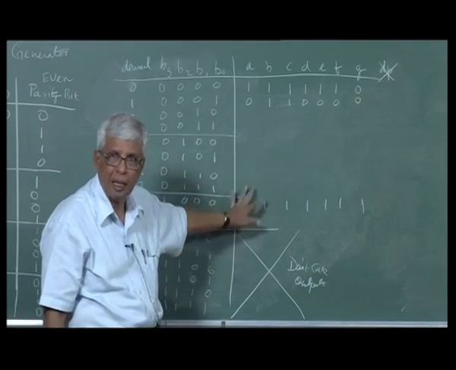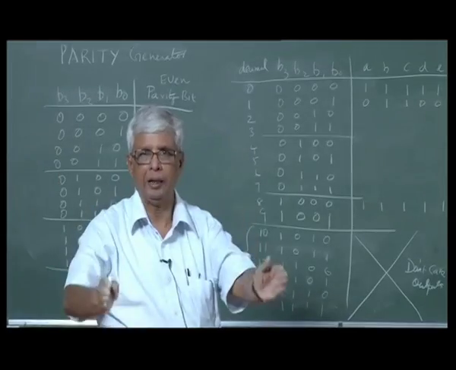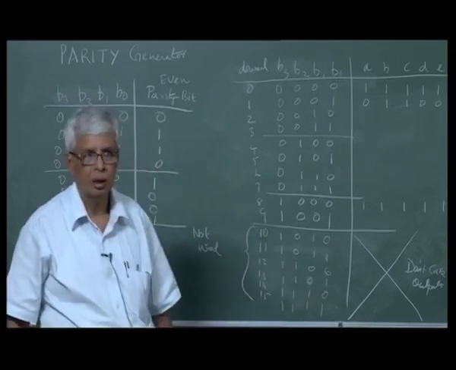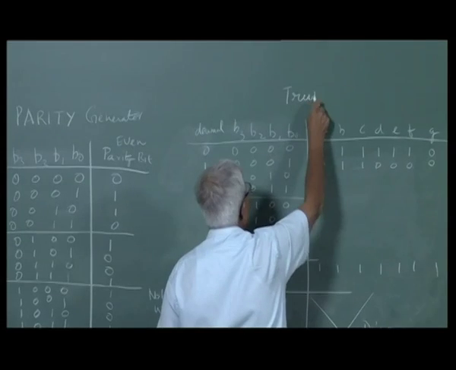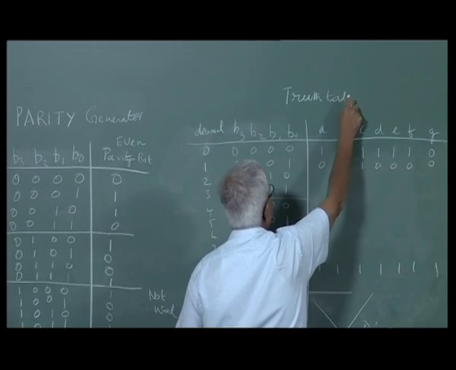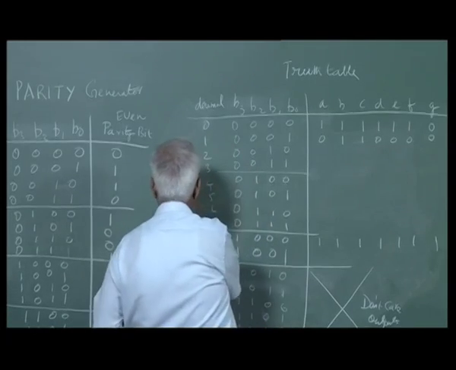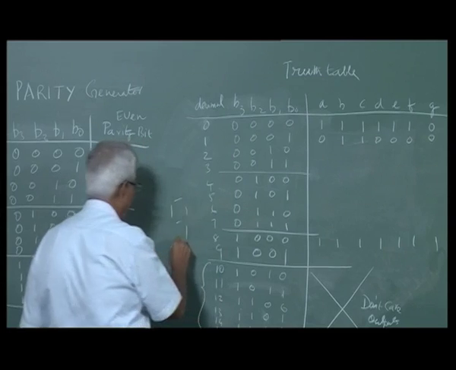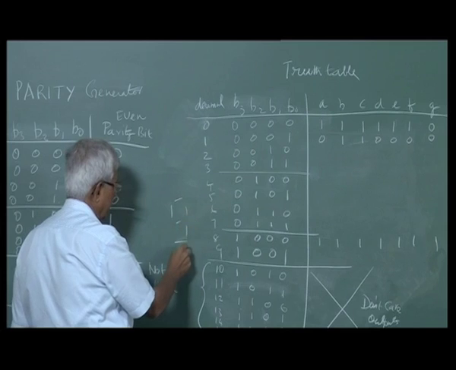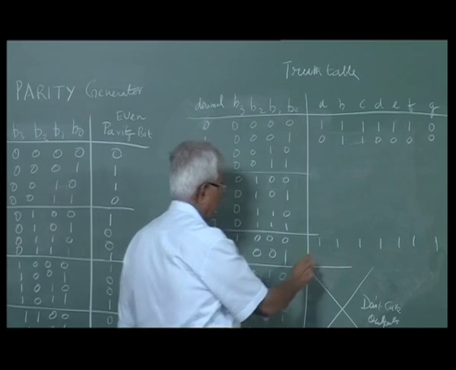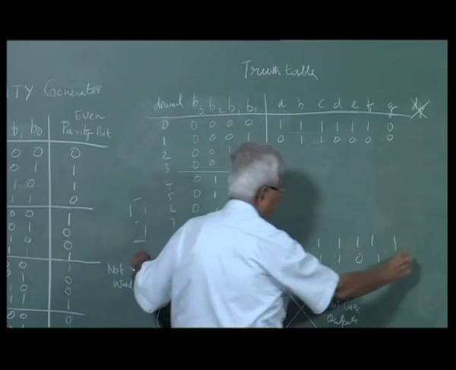So I wanted to fill this table, which is the truth table for a 7 segment display. Write the truth table for a 7 segment display starting from 0 to 9. 9 will be what? Depends on whether you want 9 this way or this way. Let us say you want it this way: A, B, C, D, F, G. That is assuming you want 9 like this.